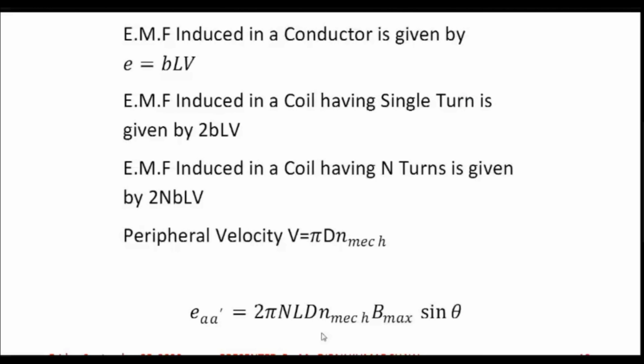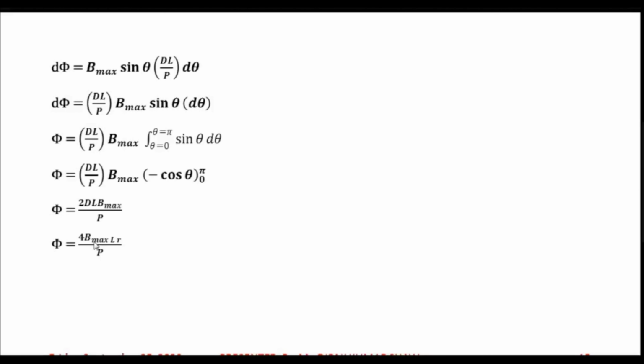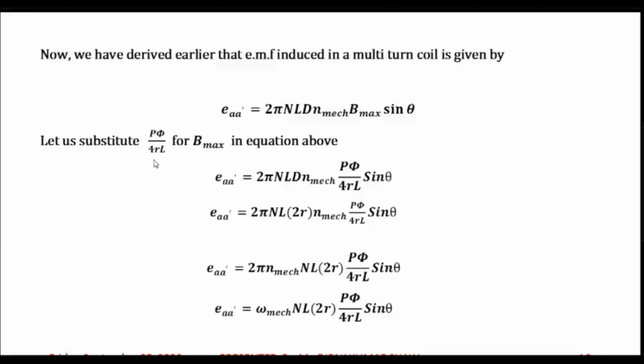For a single coil, the EMF induced is given by 2 pi N L D N mechanical Bmax sin theta, and thereafter we derived an expression for flux per pole. So we are expressing Bmax in terms of flux per pole, and we are substituting P phi by 4 R L for Bmax in this equation. So we get this one. After making some manipulation, you will have this kind of result.